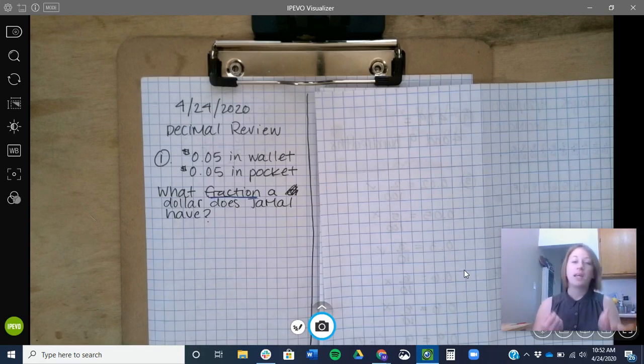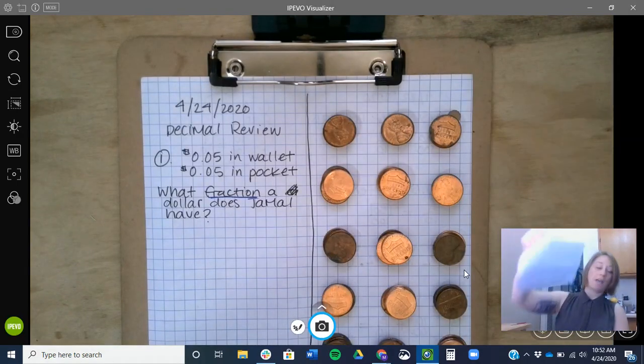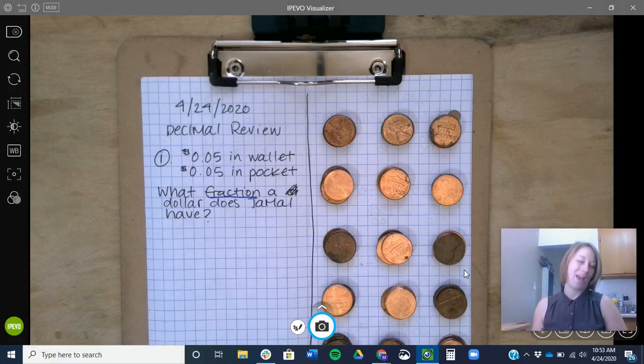And we know that things like money can represent fractions because we can make change for $1. And we know that change for $1 means quarters, dimes, nickels, or pennies. So because of that, I have actually, dun dun dun, I've counted all of these pennies beforehand, and I promise you there are 100 pennies here.